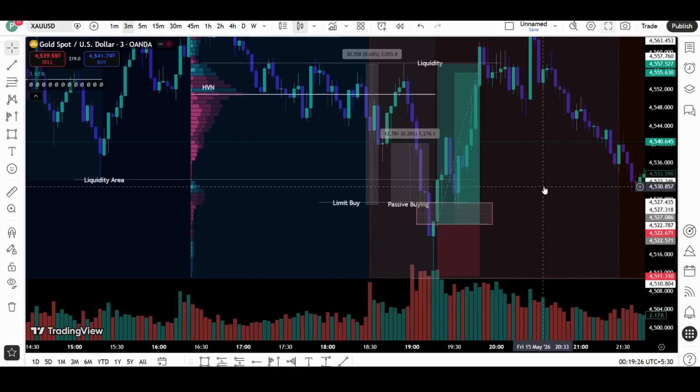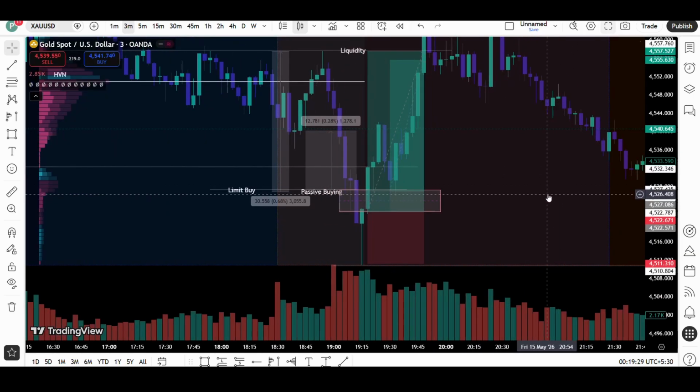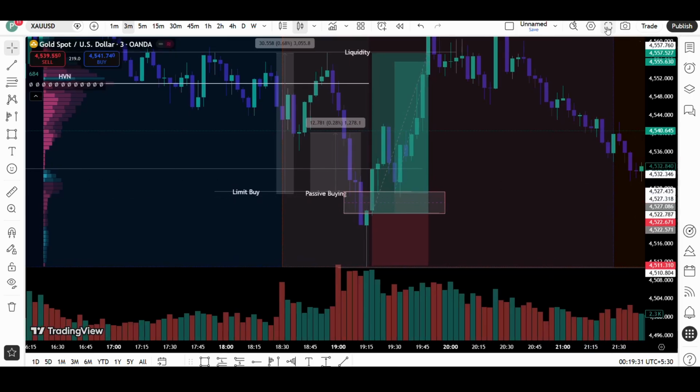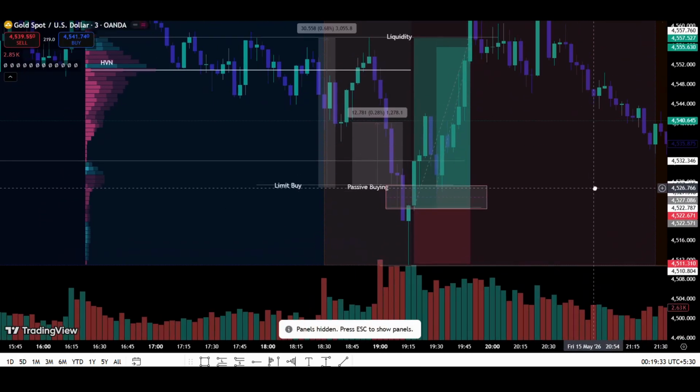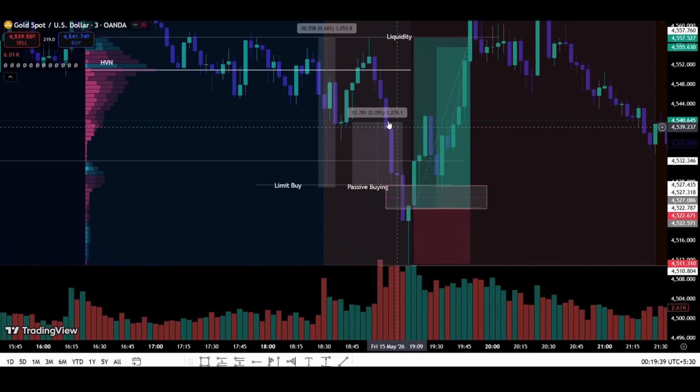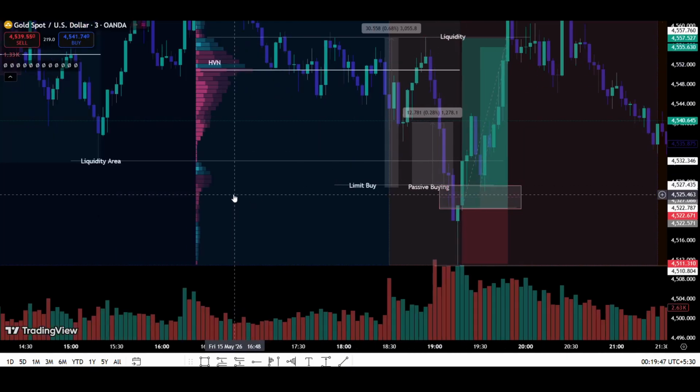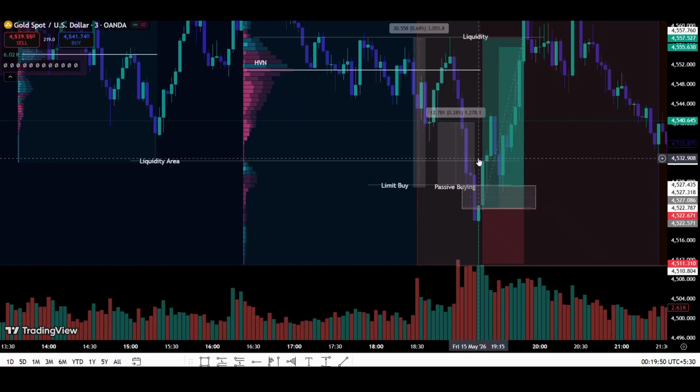How does this activity happen? First, we will understand what passive buyers and aggressive sellers are. We need to see that all the aggressive sellers have hit the market, which means market orders have been executed all the way till this liquidity area. So this has been taken.